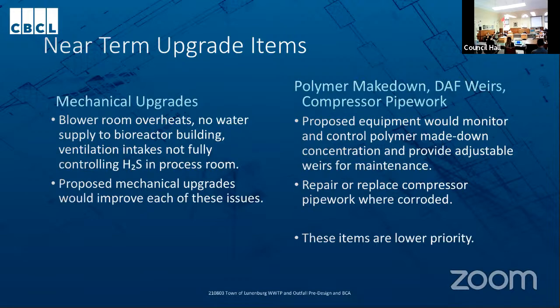The current equipment is nearing its end of useful life and does not have proper instrumentation to verify its activation level. We propose to install a new system that has improved instrumentation and metering to verify its activation and make down efficiency.